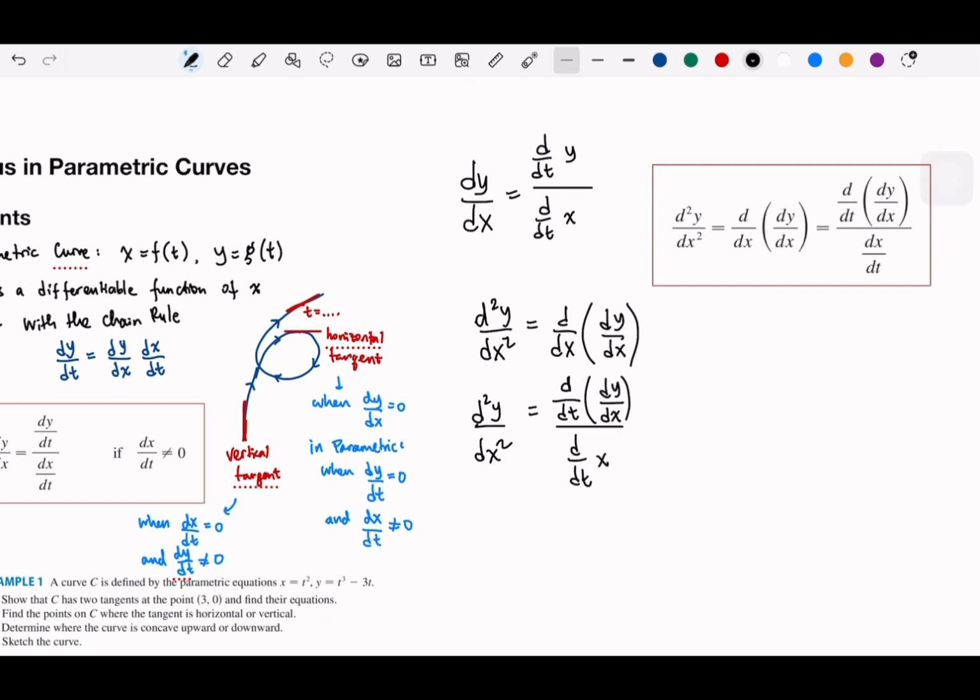So if you increase the order, like the third derivative or fourth derivative, you just replace this with the previous terms. Replace, and that is how you do it.